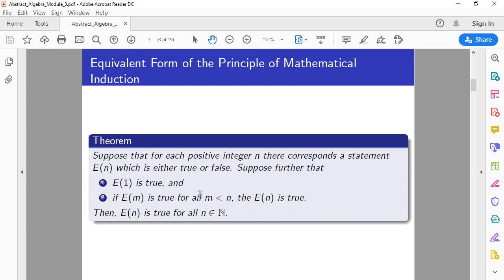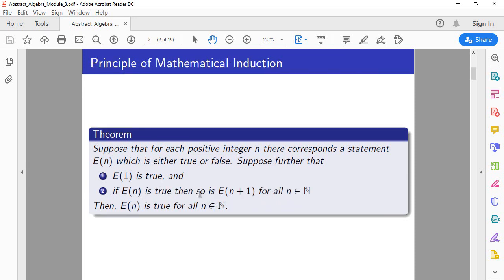So in terms of my silly example of the sun rising in the east, the first condition number 2 says whenever the sun rises in the east on day n, it must rise in the east on day n+1.